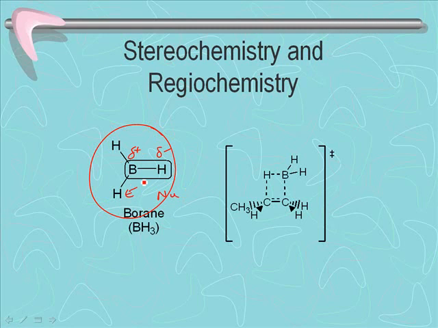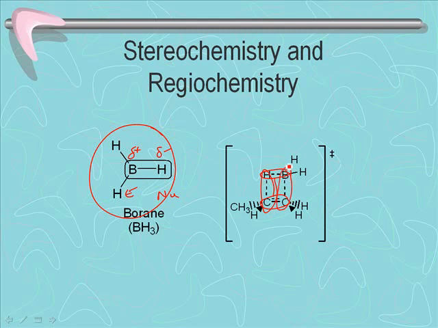As the BH3 molecule begins to sit down on top of the carbon-carbon double bond, we begin to break the boron-hydrogen bond. We begin to convert the carbon-carbon double bond into a carbon-carbon single bond. We begin to make a carbon-hydrogen bond, and we begin to make a boron-carbon bond.